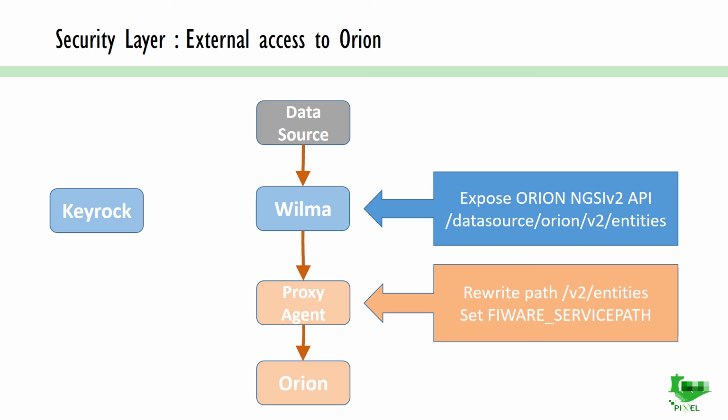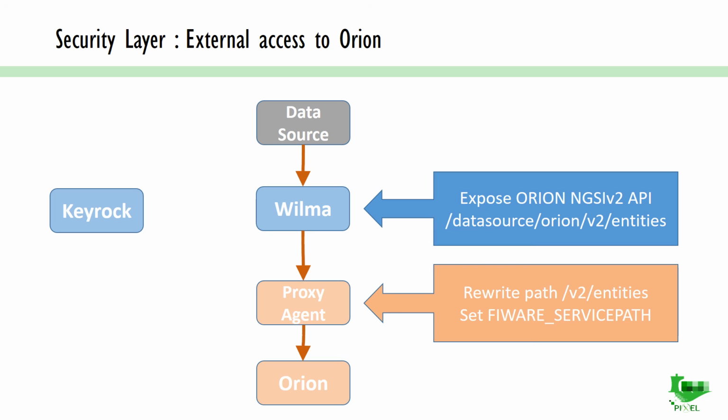And to finish this presentation, I will explain a special configuration we use to allow external data source compatible with FIWARE to directly push data to Orion. The problem is to allow the data source to access its data without having access to the data provided by the other data source. In order to do so, we use the FIWARE Service Path feature. This allows us to restrict the scope of the data accessible.